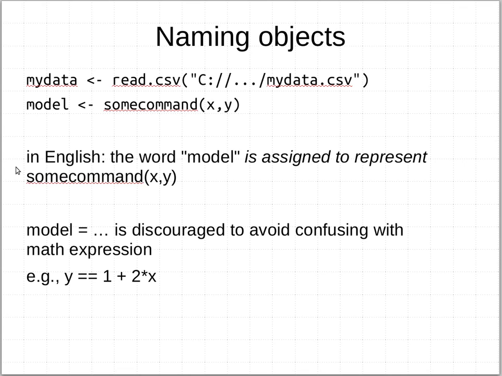Okay? We don't tend to use model equals in this place here because equals can be used in simple algebraic terms, and to use an equals up here could be confusing in some cases with R, where it's thinking you're computing something algebraic.